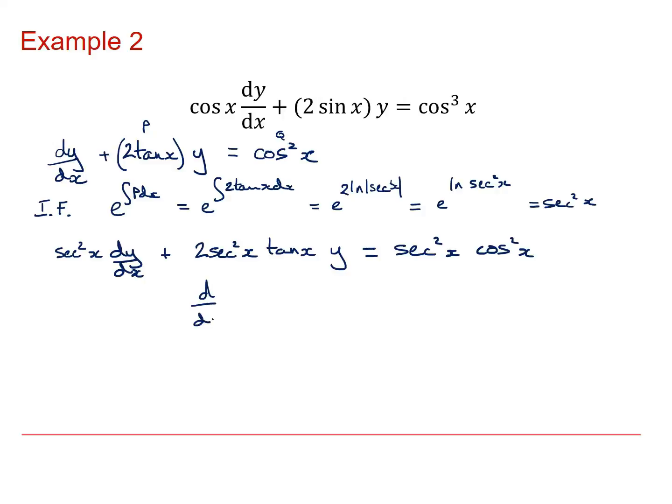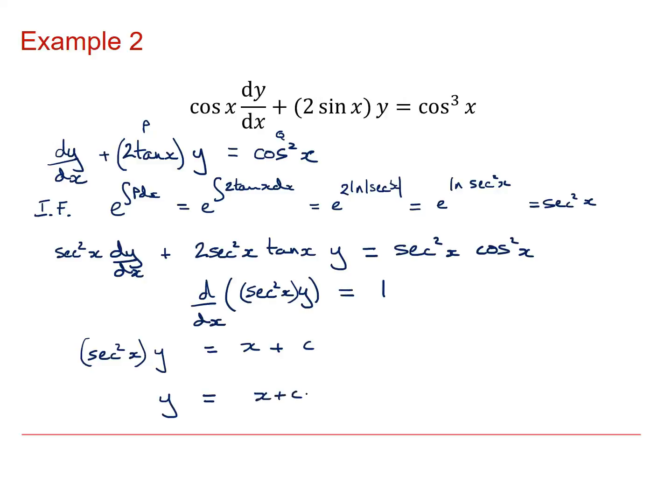It's d/dx of my integrating factor times y, and that's equal to sec squared is 1 over cos squared, so this is just 1. Integrating both sides, I'm going to get sec squared x times y is equal to x plus c, and rearranging, I'm going to get y equals (x plus c) times cos squared x.